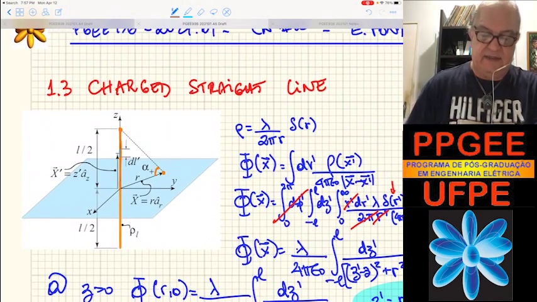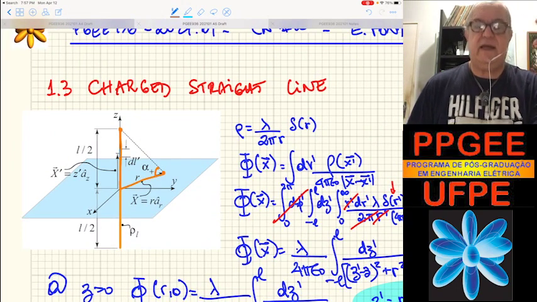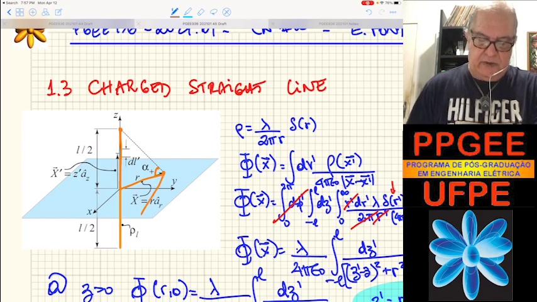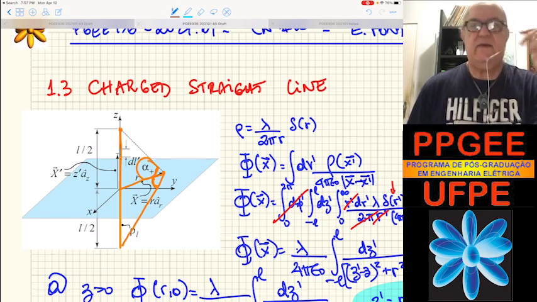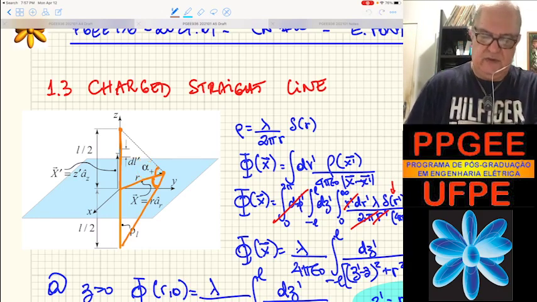The tangent of this angle is L over 2 divided by R. Okay, and at the lower portion, this angle is the same one as that one with a minus sign. Can do that.